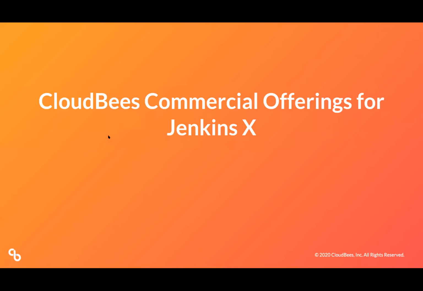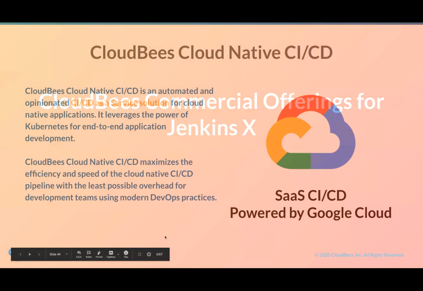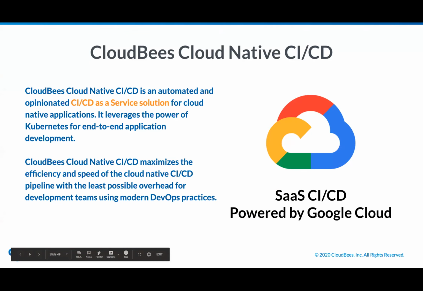Awesome. Thanks, Oscar. In our last couple of minutes, I wanted to run through what CloudBees has to offer with Jenkins X. Everything that Oscar showed you today can be accomplished with the open source tool, so no worries there, but there may be some instances where some of the CloudBees services would be right for you. The big exciting thing that we just launched this year, in preview now, so it's not GA yet, is CloudBees Cloud Native CI/CD.